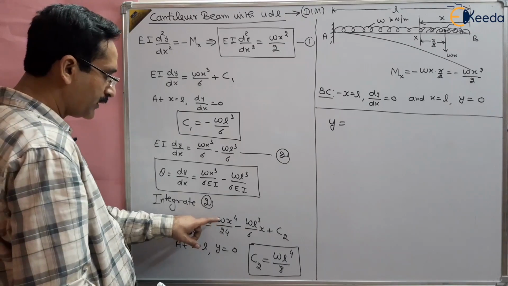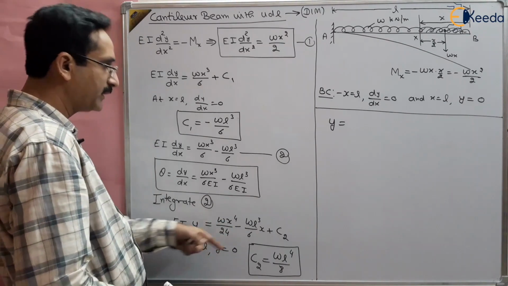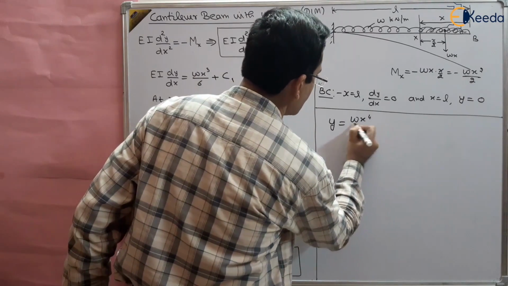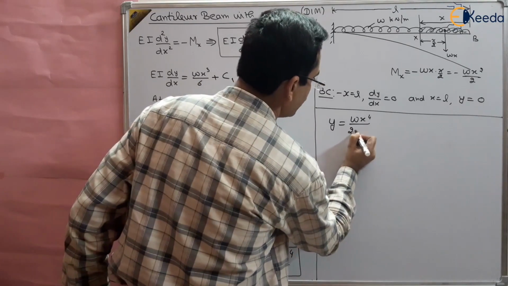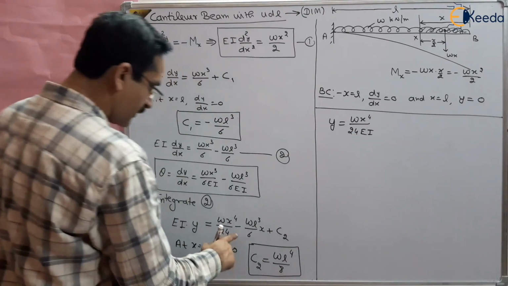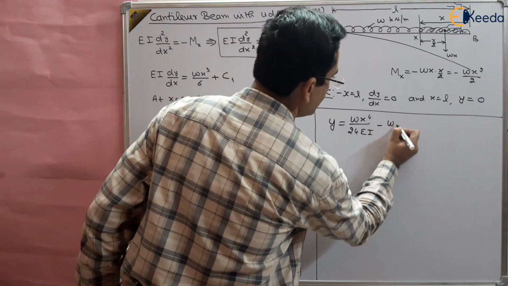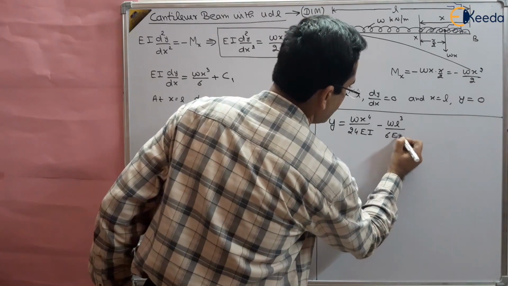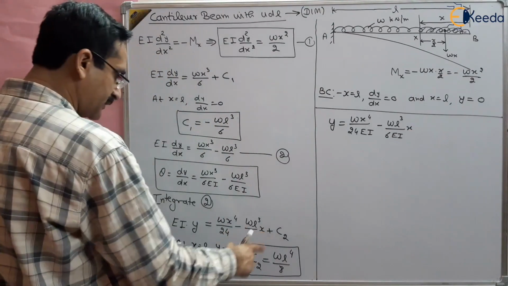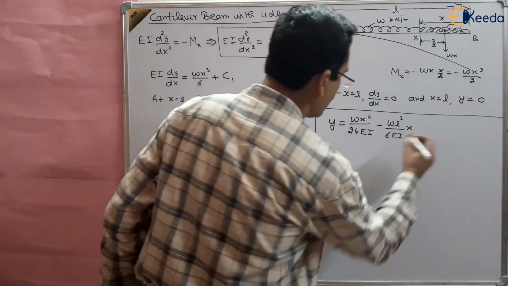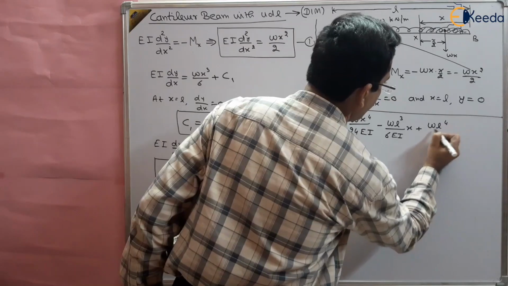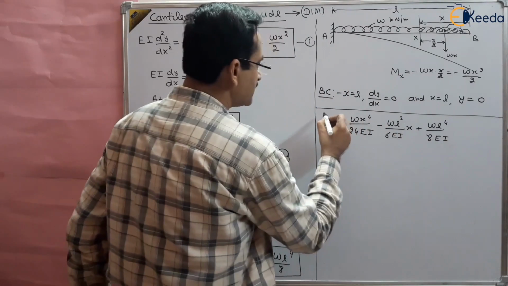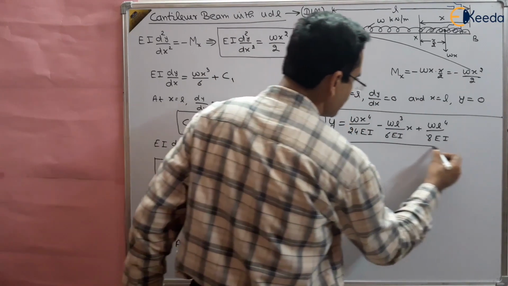So y will be equal to wx to the power 4 by 24 EI, since EI can be taken on the right hand side in the denominator, minus WL cube by 6 EI multiplied by x, plus the value of C2, that is WL to the power 4 by 8 EI. So this is the value of y, the deflection as a function of x.